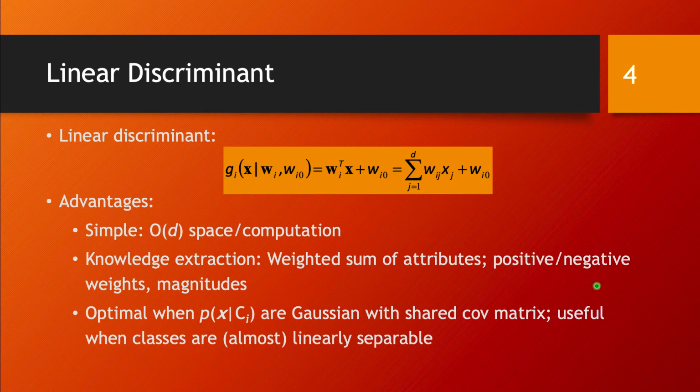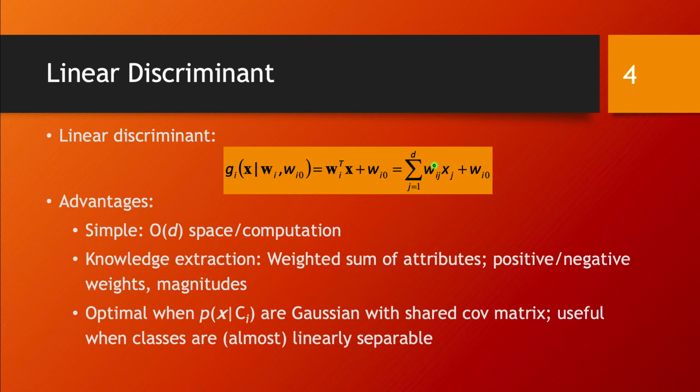There is a way to extract knowledge, to some extent at least, because the linear discriminant is a weighted sum of attributes, and you can read somewhat into how large these weights are.